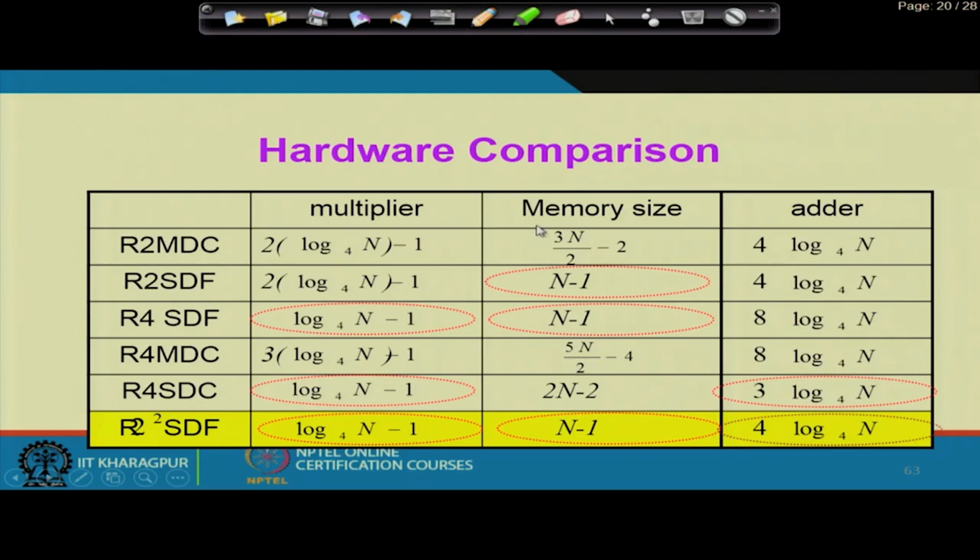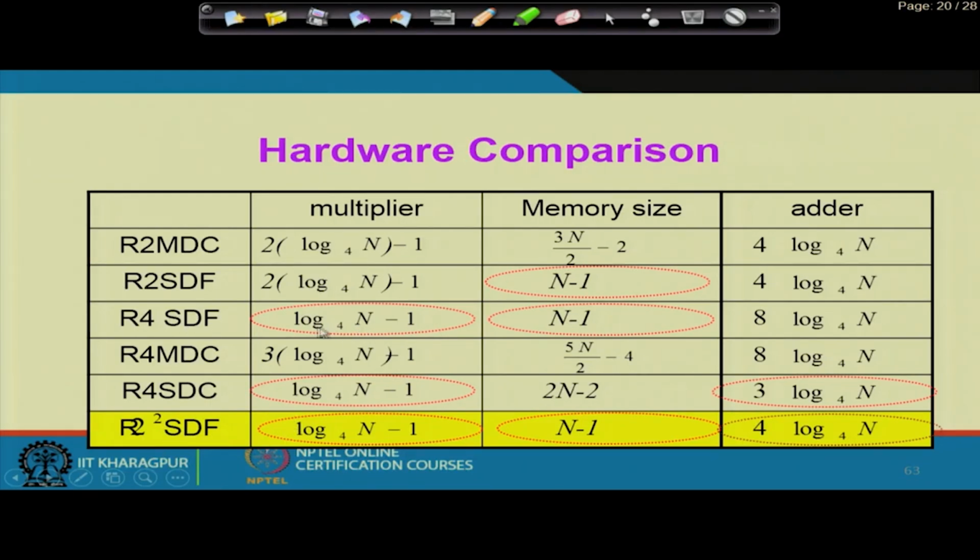This is the hardware comparison of different architectures. This is the radix 2 multipath delay commutator block, with its multiplier requirement, memory size requirement, and adder requirement. This is radix 2 single delay feedback, and this is radix 2 square single delay feedback. Here you see the minimum multiplier requirement corresponds to radix 4 single delay feedback and radix 2 square single delay feedback.